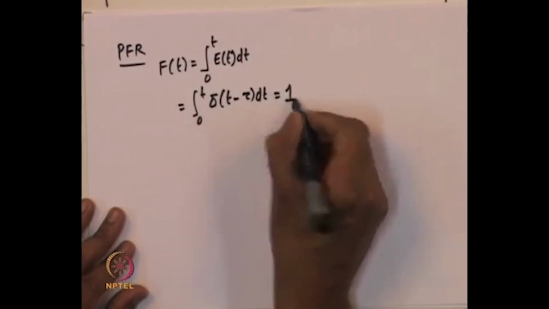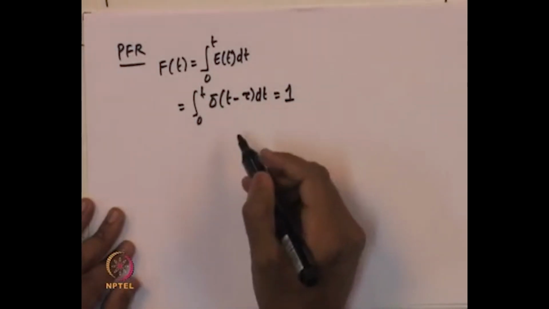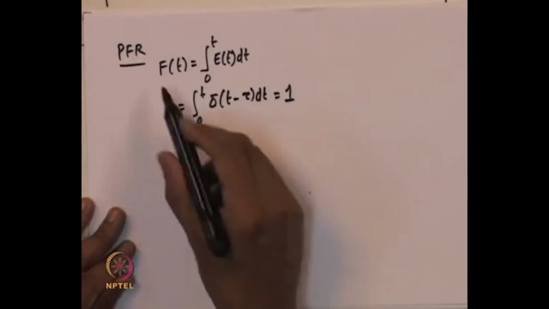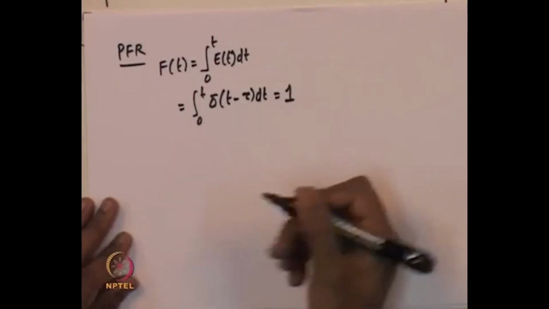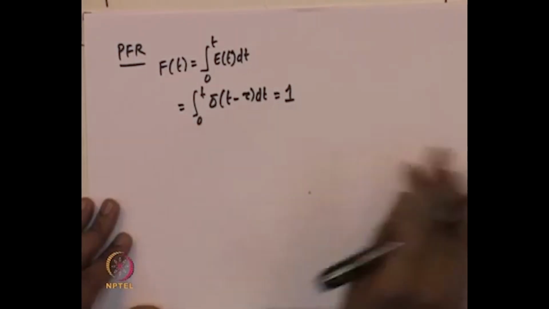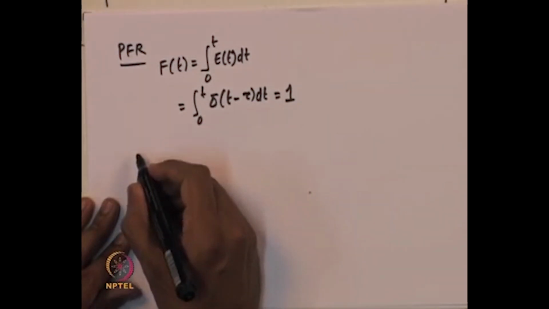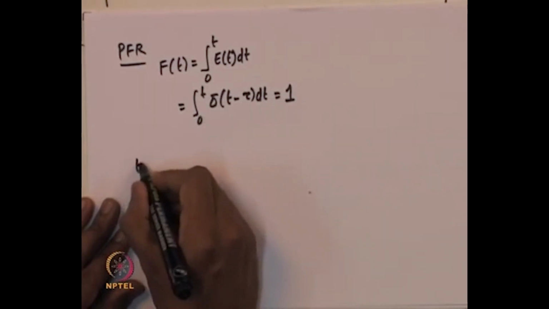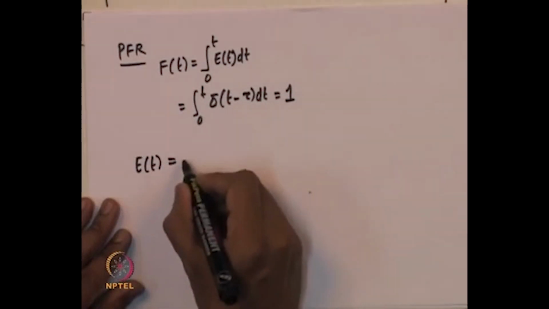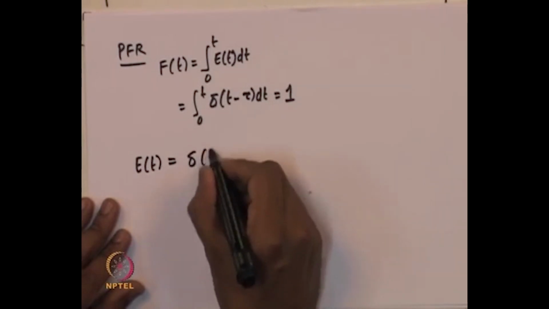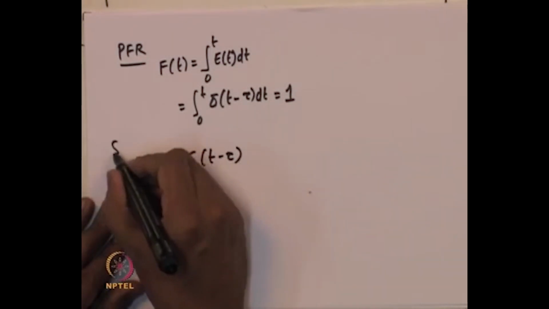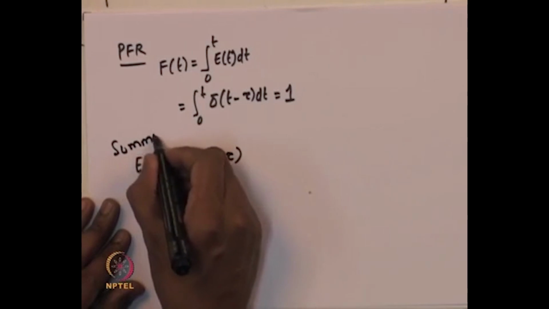We know that this integral is equal to 1, and therefore, the F of t curve is nothing but 1. So, to summarize, the RTD function for the plug flow reactor is E of t equal to the delta function of t minus tau. So, that is the summary for plug flow reactor.